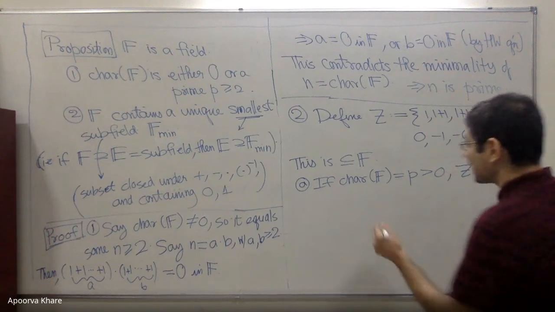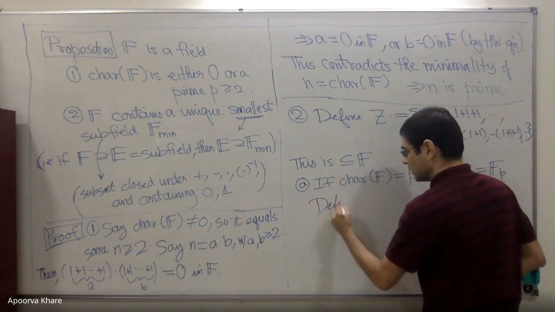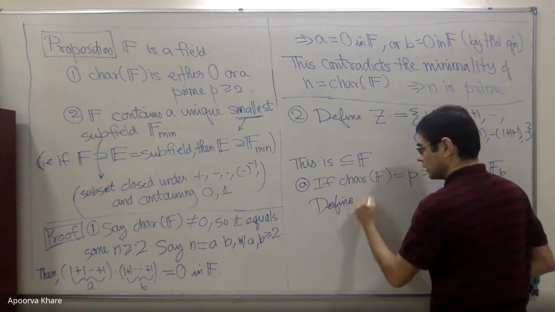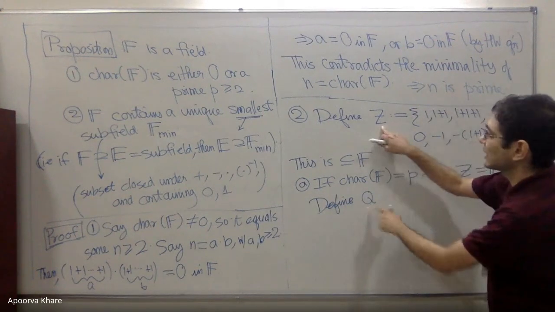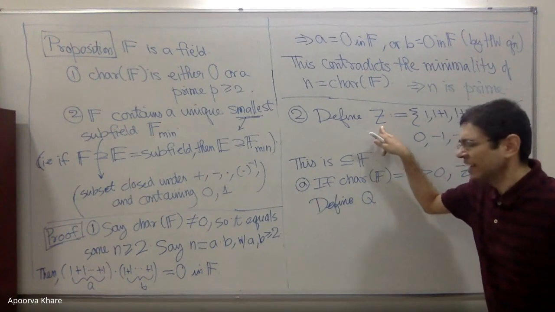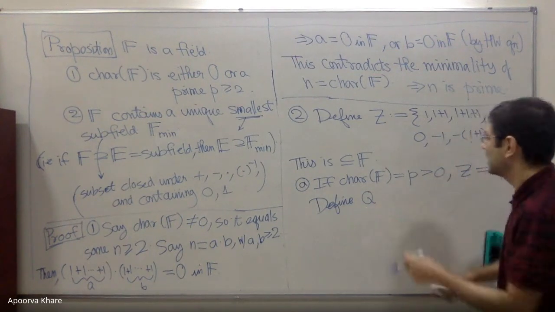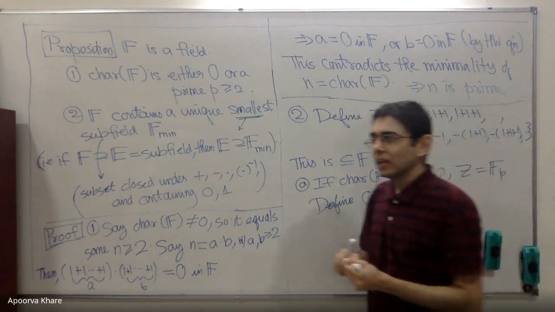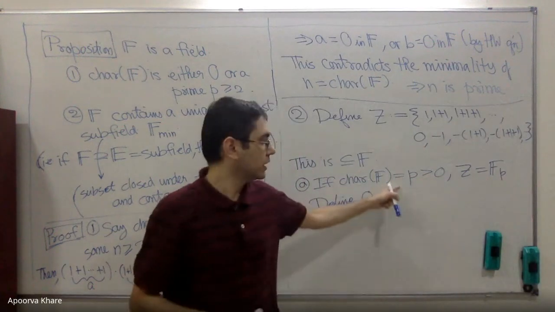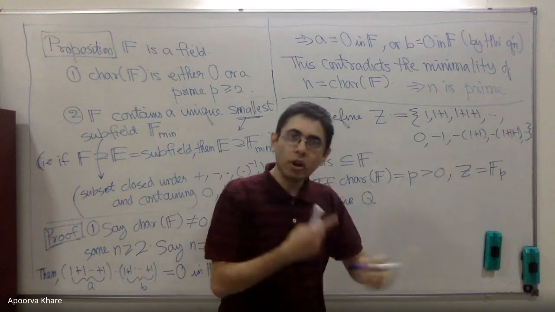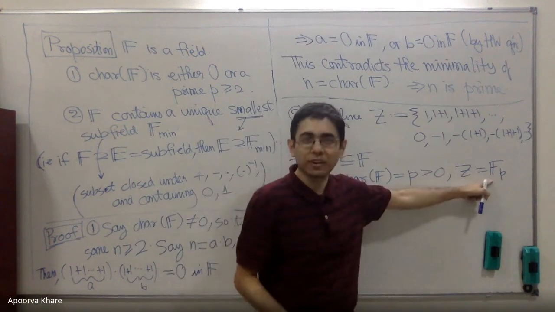And then in this case, I want to define Q. Again, just like Z was supposed to be the integers, this Q is supposed to denote the quotients, the set of all possible fractions. Well, the point is, in the field of remainders mod p, all the quotients already exist because this is a field.